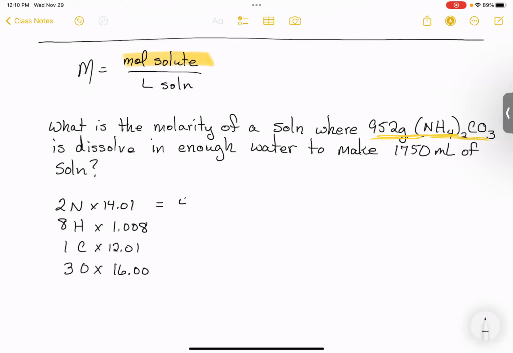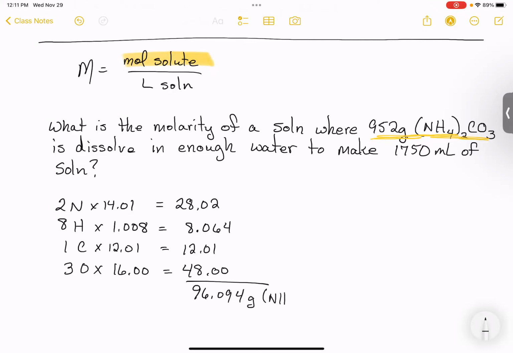So that's 28.02, 8.064, 12.01, and 48. So that's 96.094 grams of ammonium carbonate is equal to 1 mole of ammonium carbonate.